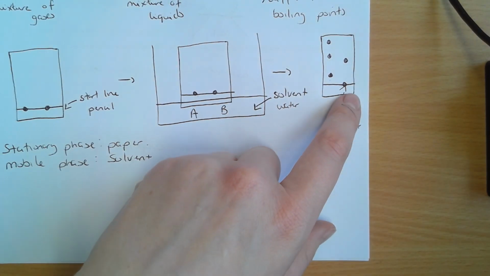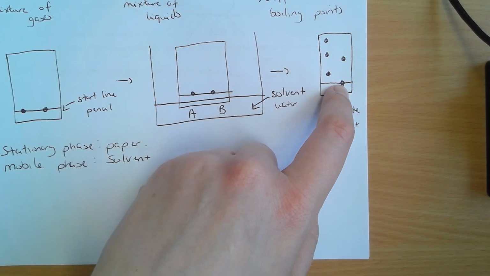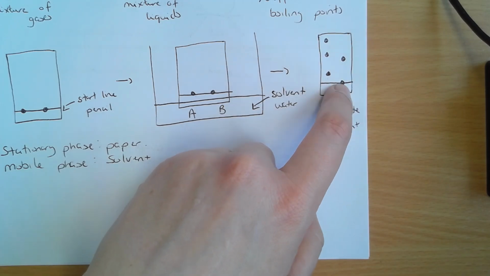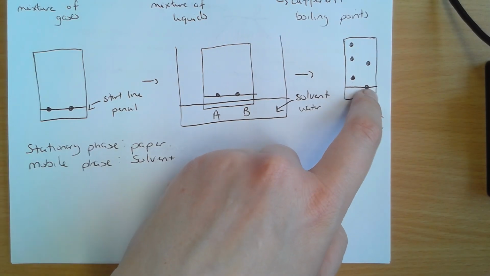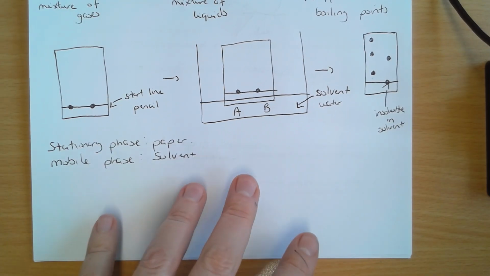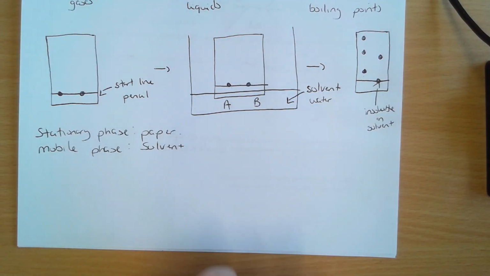So if it doesn't dissolve in water, it won't move. There obviously was another substance in here that was soluble in water and did move, but something wasn't soluble and stayed on the start line. That's what happens when you get something left behind. If you had a pure substance, you would get 1 dot and 1 dot only.